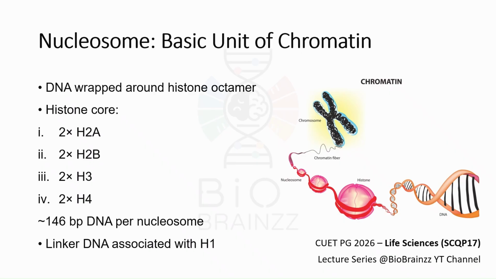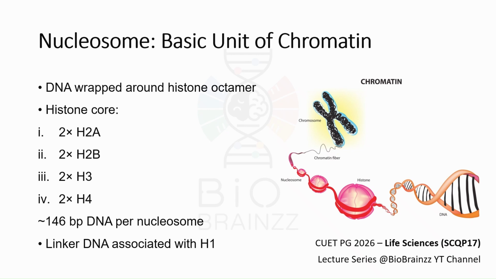This histone core is made up of 8 proteins, 2 molecules each of H2A, H2B, H3 and H4. Approximately 146 base pairs of DNA are wrapped around this histone octamer in about 1 and 3/4 turns.